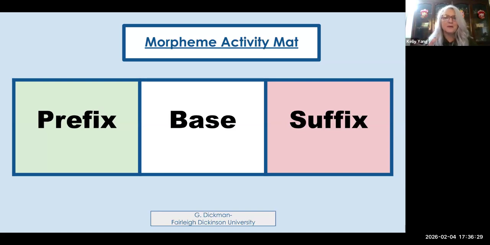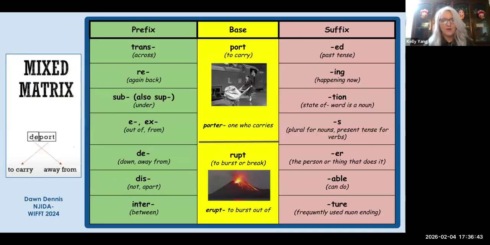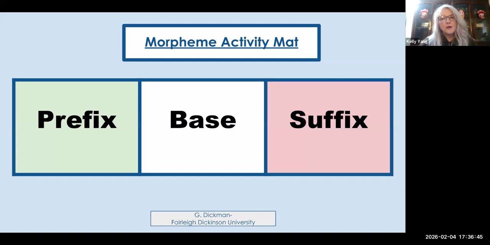And it really helps them to make sense of the English language instead of just thinking, oh, it's weird and there are a lot of things that don't follow the rules, but there are a lot of generalizations. And I think it's very helpful for your kids.